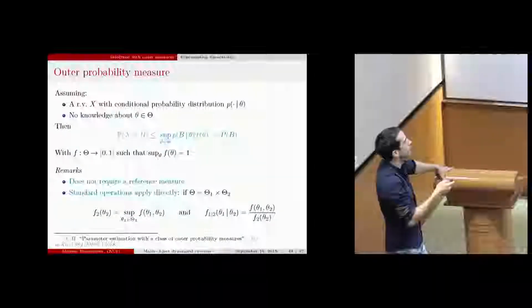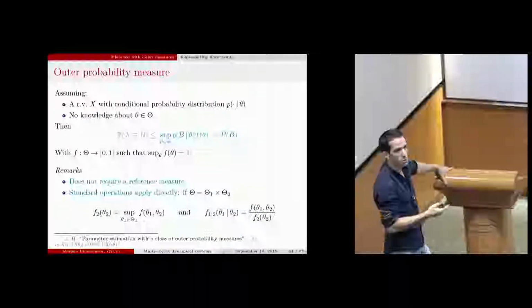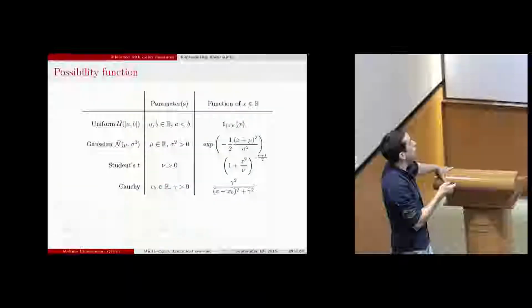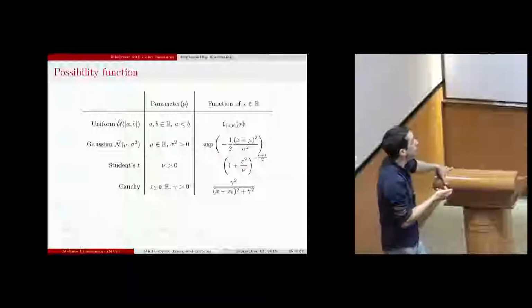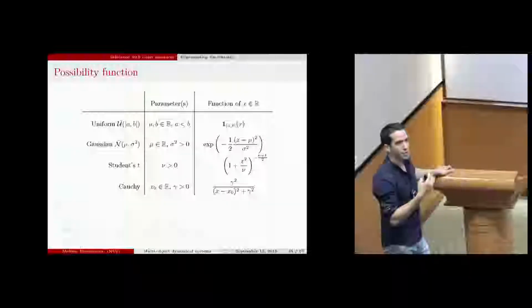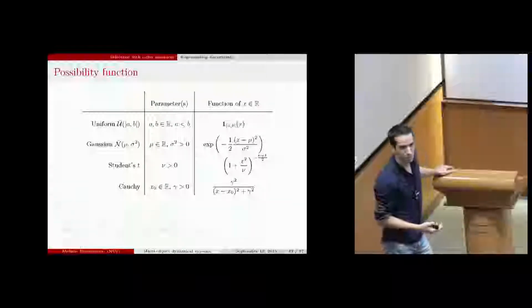So even whether theta is discrete or continuous is just the same. You can evaluate this possibility function pointwise, and in particular, you just need to make sure that the supremum is 1.